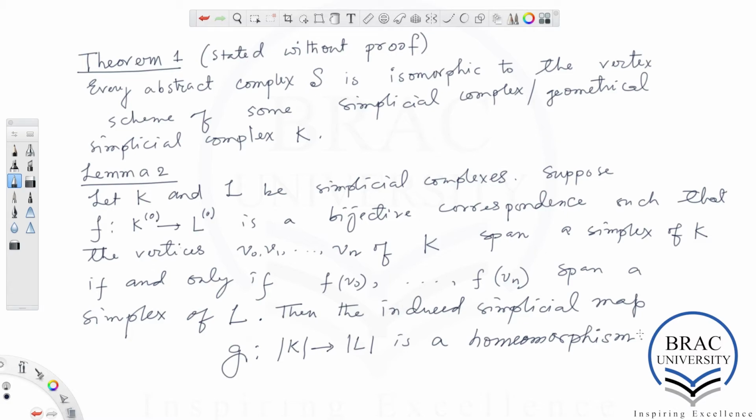So it remains to introduce the concept of a simplicial map, right?